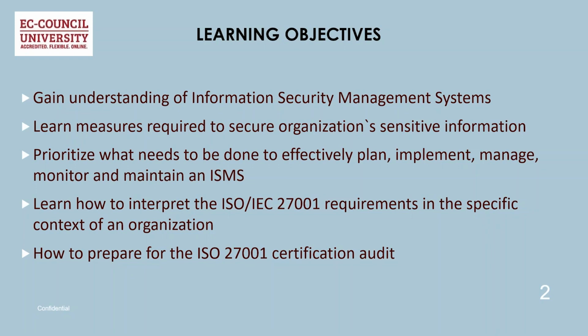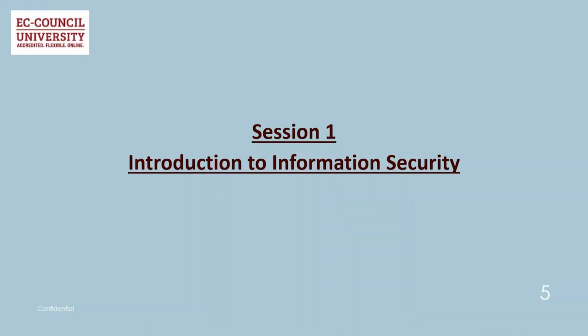So basically, we'll be planning, implementing, managing, monitoring, and maintaining an information security management system, in short, ISMS. And we'll be covering how to interpret the requirements as far as the organization is concerned, and how to prepare for an ISO 27001 certification audit. We'll be covering these aspects.